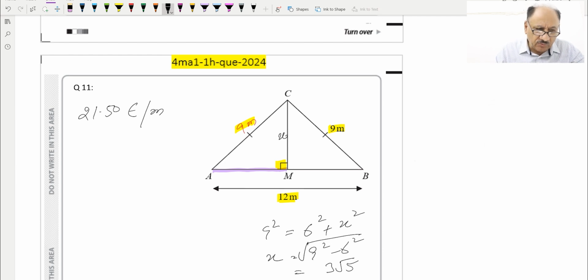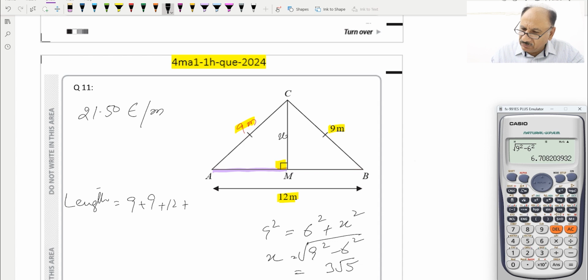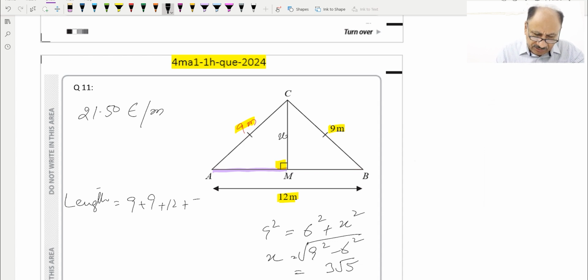This is the x value, and now we need to find how many lengths to buy. So length will be 9 plus 9 plus 12 plus this 3 under root 5. We cannot buy a decimal basically. This decimal value is 6.7, so we need to buy a complete 7.